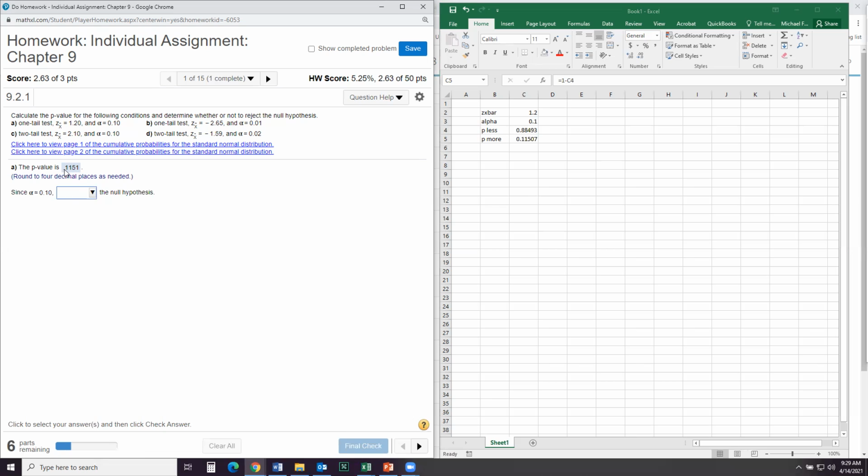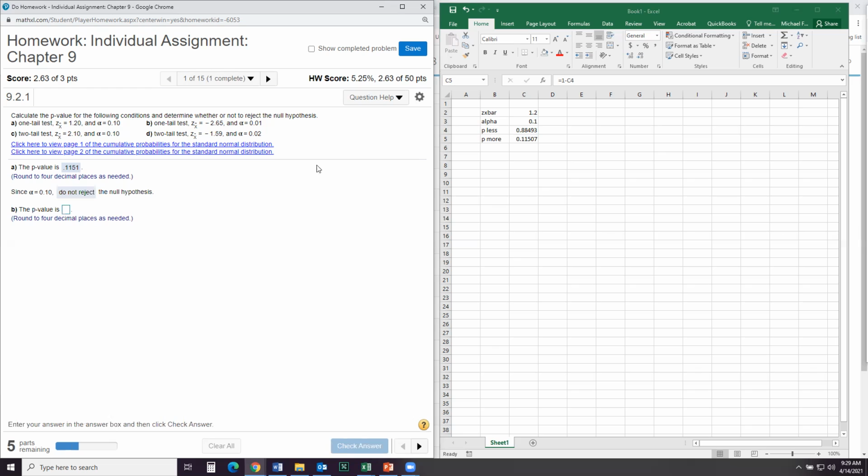So if our probability or p-value is greater than the alpha, then we're not going to reject. That's all you really have to remember: if the p-value is greater than the alpha, do not reject. If it's less than, we reject it. The probability of finding this number is 11.5%, but our alpha is set at 10%. Because of that, we do not reject the null hypothesis.